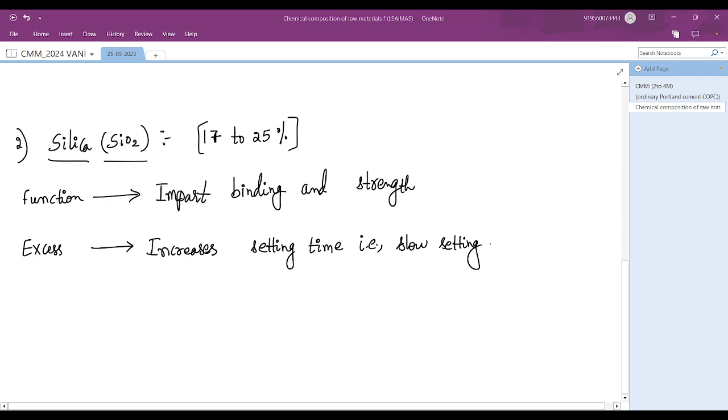So if more silica is present, it indicates that more clay is present in the cement. Therefore, more plasticity is present, and more time is required to lose that plasticity. Simple. That is the reason for slow setting if excess silica is present in cement.